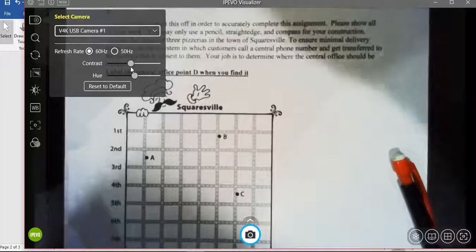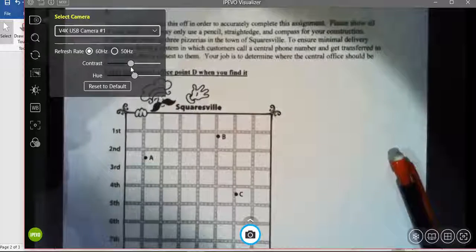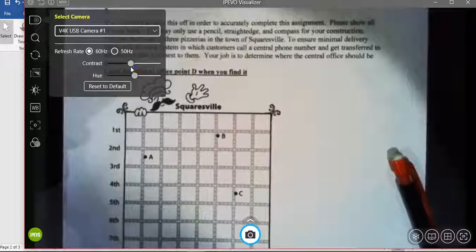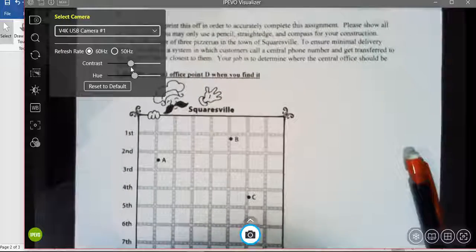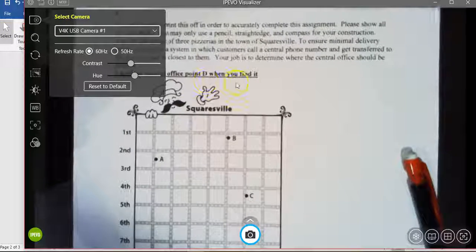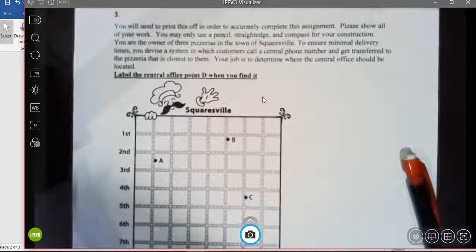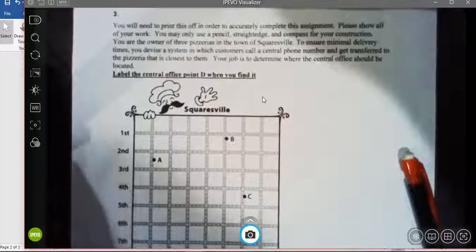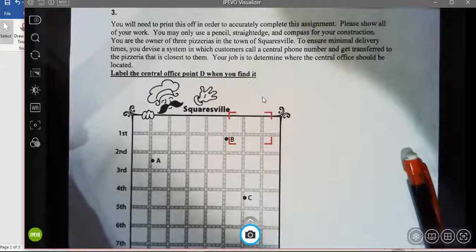Okay. So this is problem number 3 for the Unit 5 test. Let's go ahead and click off of that so we can see this. It says, you will need to print this off in order to accurately complete this assignment.